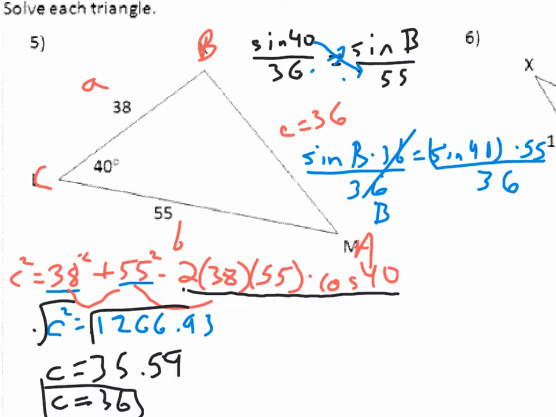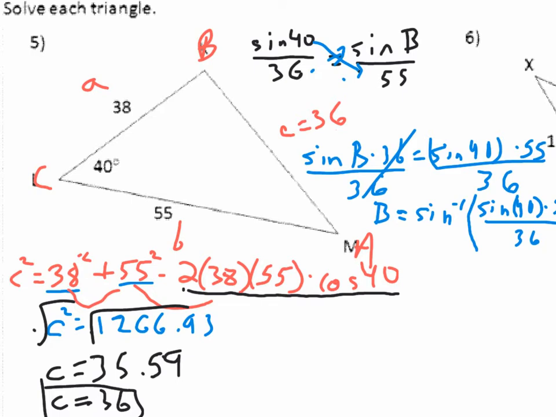To find the angle, you use inverse sine. So it's really just going to look like this if you put it in your calculator all at once: inverse sine of sine 40 times 55, this will want to be sectioned off, over 36.